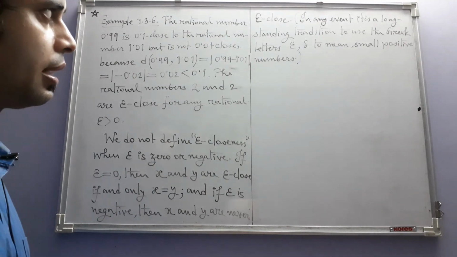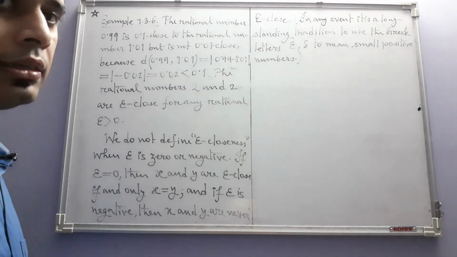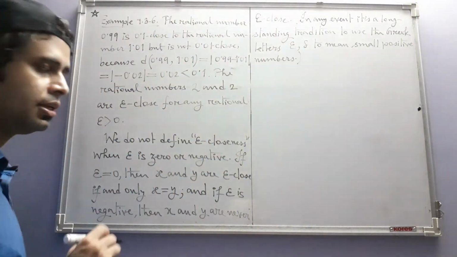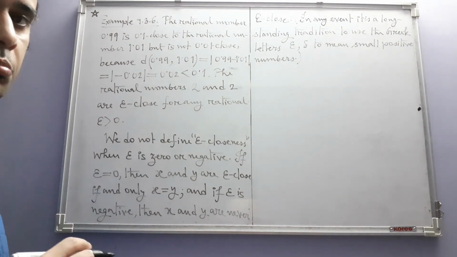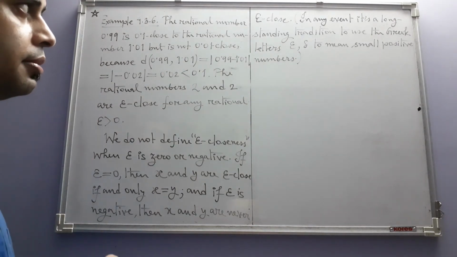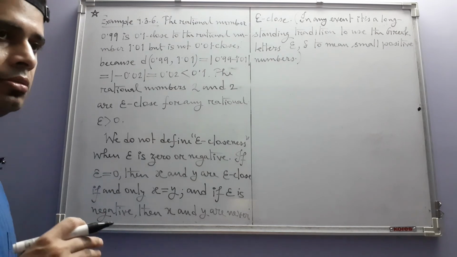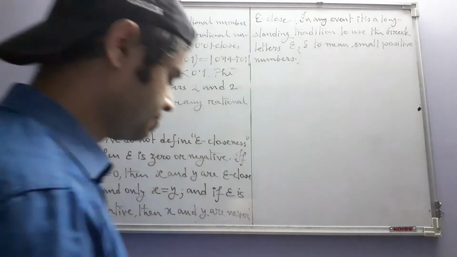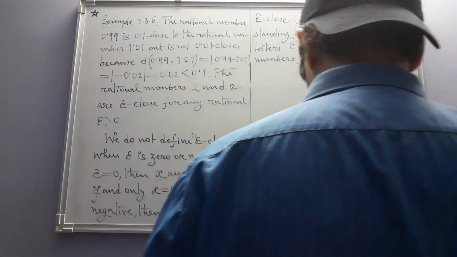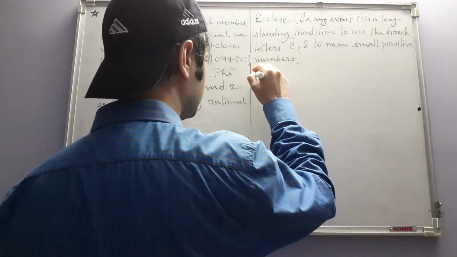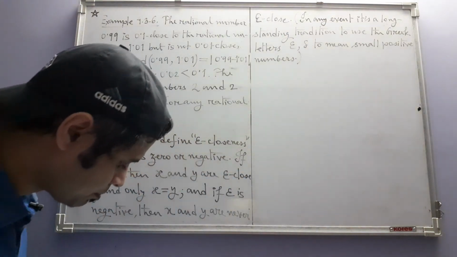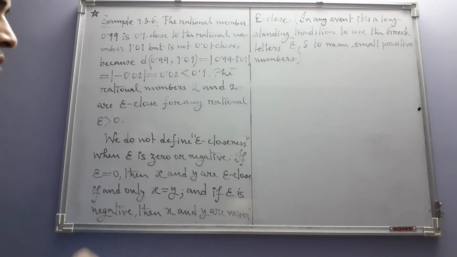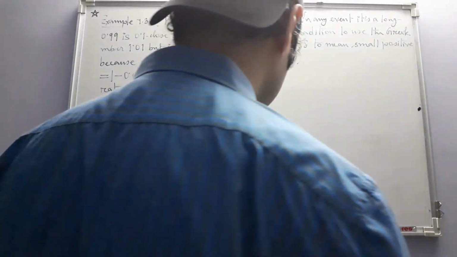Okay, because these are Greek E and D. So in a particular context, we will see when we define the concept of a limit, there epsilon and delta will be used in the sense of error and difference. Okay, now just like some properties of absolute value and distance we have seen, we are now going to see some basic properties of epsilon closeness.